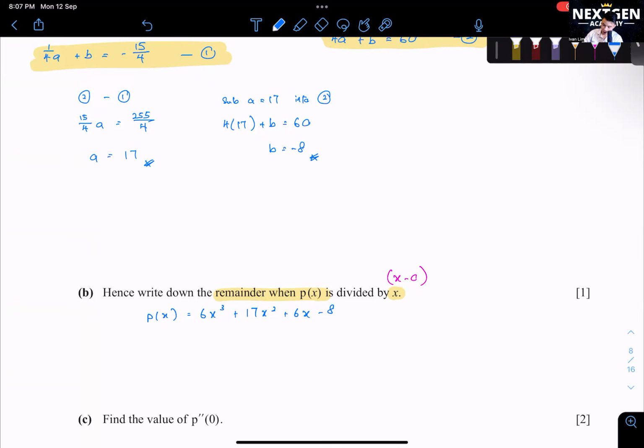Then I am actually subbing in x equals to 0. So when they say it's divided by x, we just do this. And don't go and do long division. This is a 1 mark question only. Don't waste your time. Plus 6 times 0 minus 8, and we'll get negative 8 over here. So we are just using the remainder theorem.